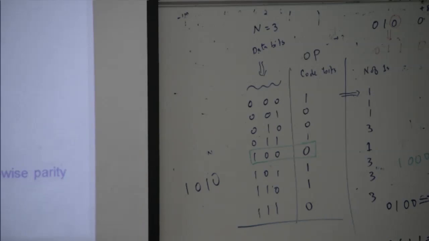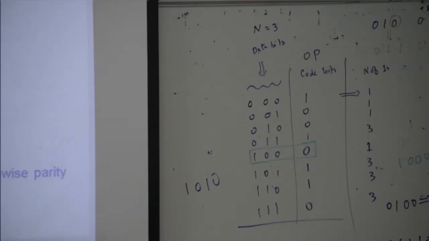So when we send some data, we have the code word and we have the data words, and we derive these code words based on counting the number of ones in the data word. If the number of ones in the data word is even, the code word is what? 1. And if the number of ones in the data is odd, the code word is 0. Got it? Okay.